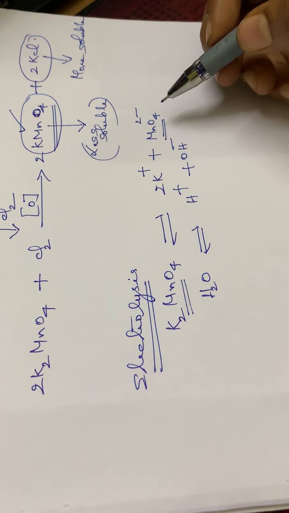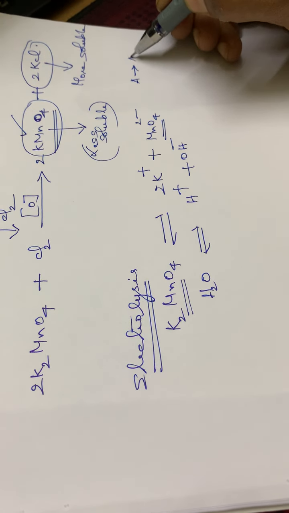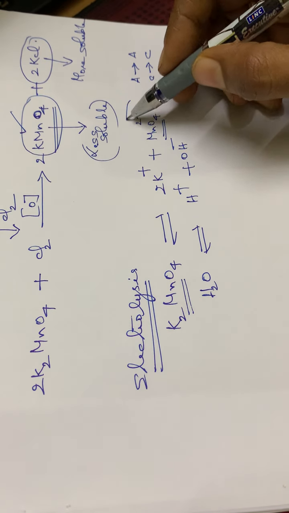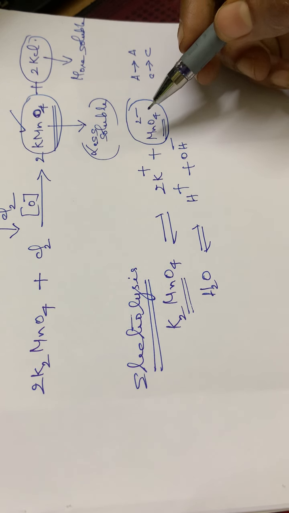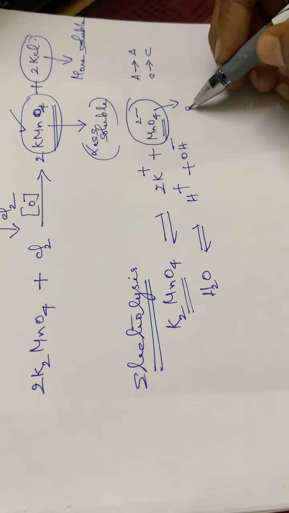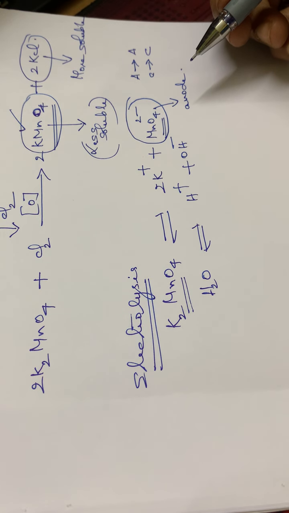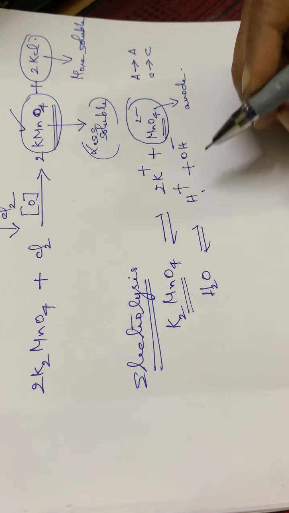Normally anions move to the anode and cations move to the cathode. Here the anion is MnO4 2-, the manganate ion, so it moves to the anode, while hydrogen gas is liberated at the cathode.